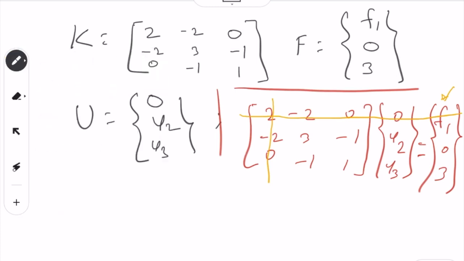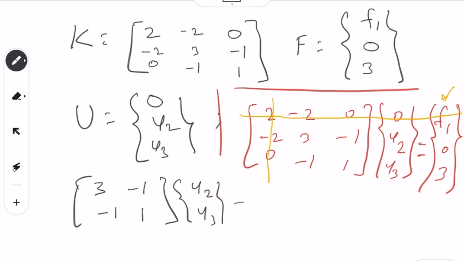We can write minus 1, we write 3 minus 1 minus 1 1, multiplied by u2 u3, is equal to 0 3.